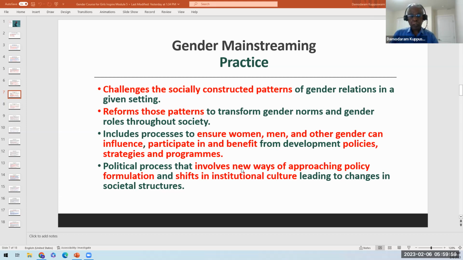Therefore, it looks at what the gaps are, what the structural causes are, and how we transform them and overcome them. What are the new ways that we need so that the policies are related to the needs of people? So it demands that the structures and the strategies of working must be different.